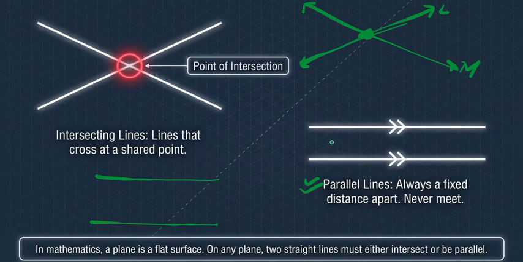So the distance between these two parallel lines, this distance, this distance, and this distance, always remains the same. If it is 2 centimeters, then it will be 2 centimeters, and then 2 centimeters. So parallel lines never meet at a point. They go on to infinity, and the distance between those two lines remains the same.